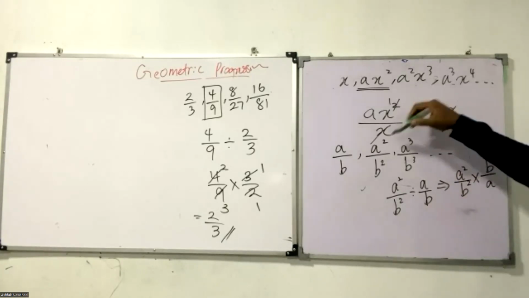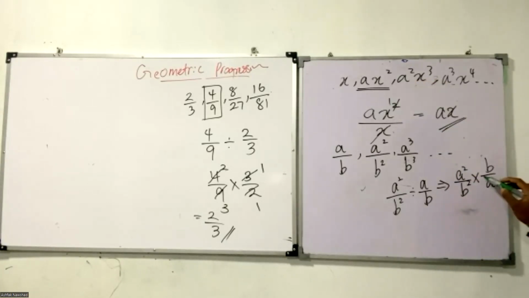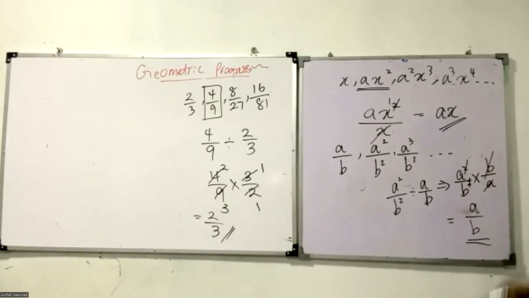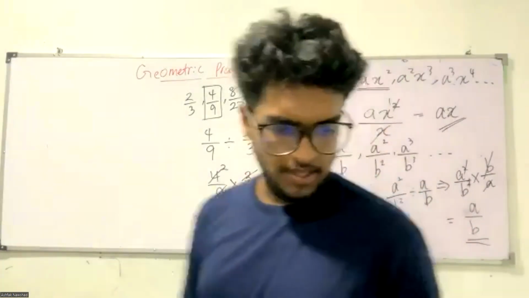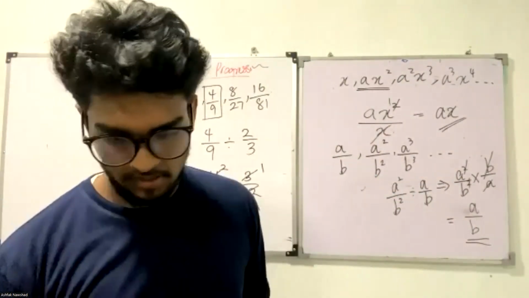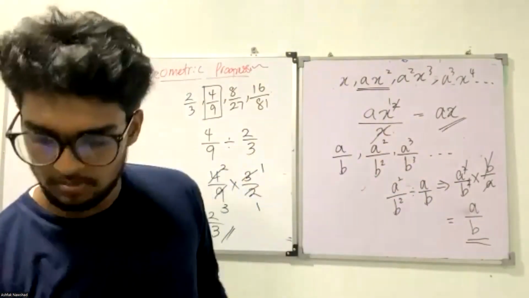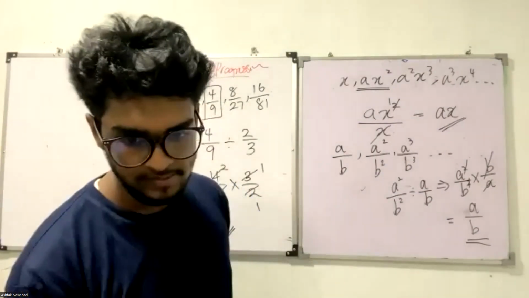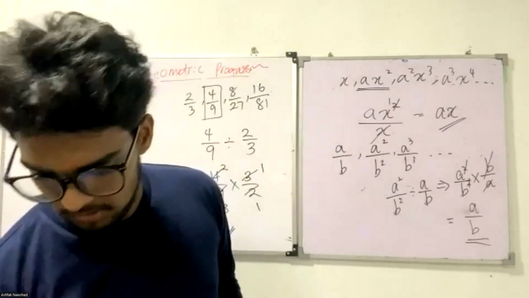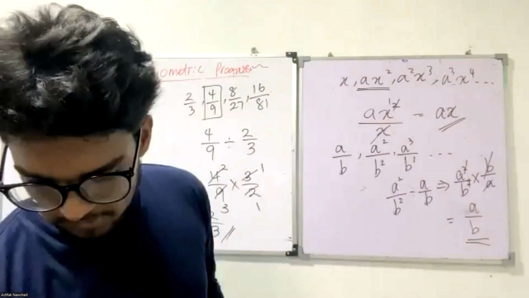Just like we did here, we can cancel one a and one b. What remains? The numerator gets a and the denominator gets b. The final one is a over b. Almost every one of you has answered correctly. Simple stuff.